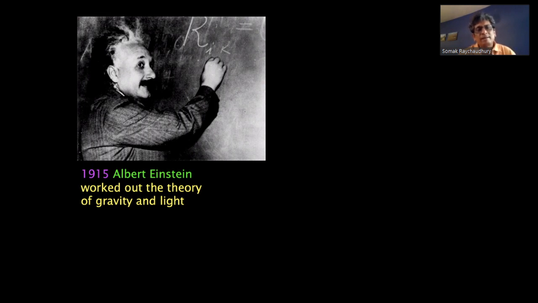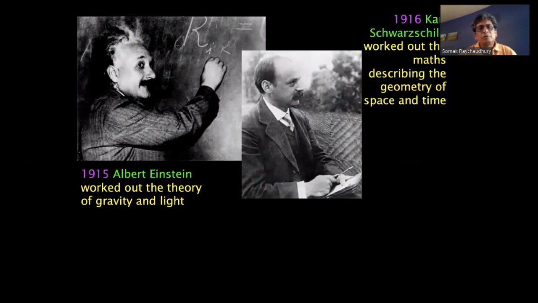Within a year of Einstein formulating this, a solution was found by Carl Schwarzschild, after whom I've already talked about the Schwarzschild radius, the size of a black hole, is named, because he solved Einstein's equations in the case of a spherically symmetric universe, of how the space-time would be around a body that is gravitating, and found that the shape of trajectories around a gravitating object would be of a certain mathematical formula, and that is known as the Schwarzschild metric.